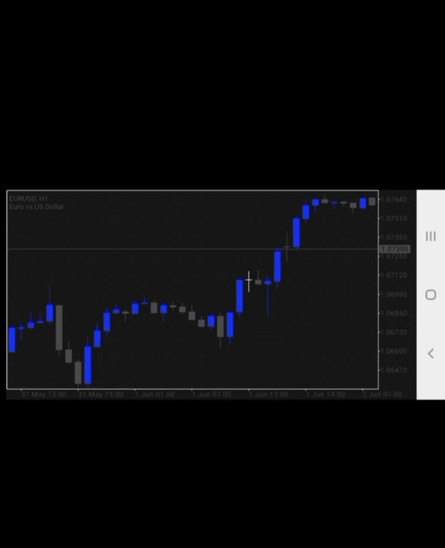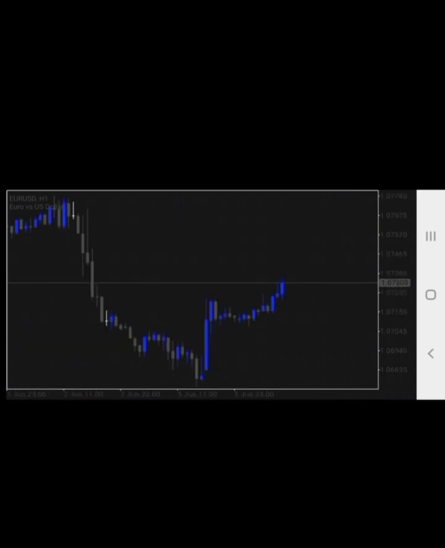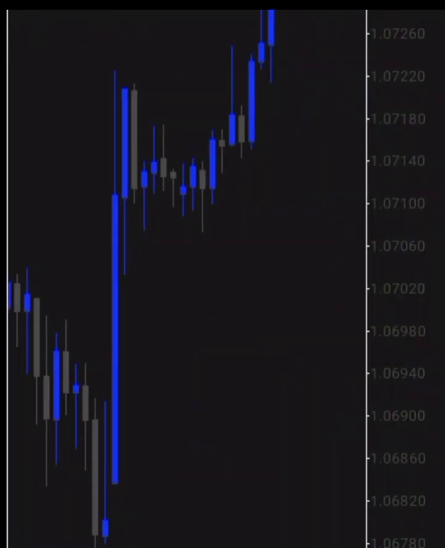So if I can show you on the chart what I mean by liquidity, you have two types of liquidity. You have an order block and an imbalance.